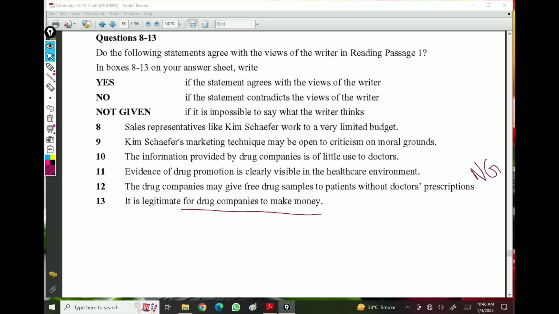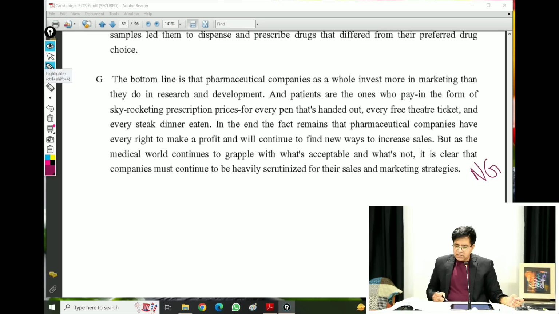Now please come to this last paragraph. Good. Last paragraph, fourth line. All right. Yeah, this is the last paragraph and we've got this line here. In the end, found it? Yes. Last paragraph, fourth last line.